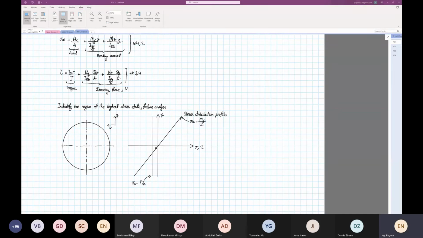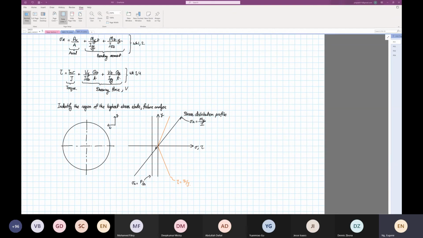So you come down here at the center where the radius is 0, and then from here you go to maximum on the surface, because the formula over here, this is shear stress, equal to Tr over J. Then finally, the last one is the one caused by the shearing force.